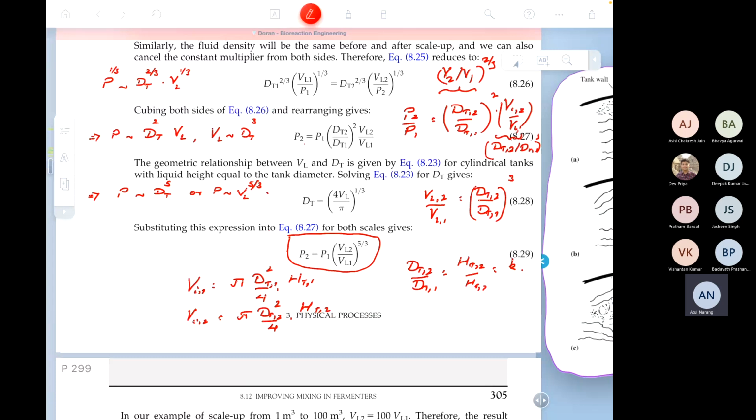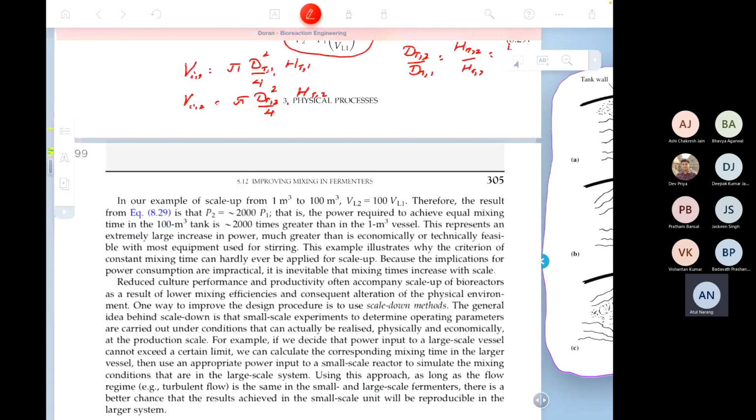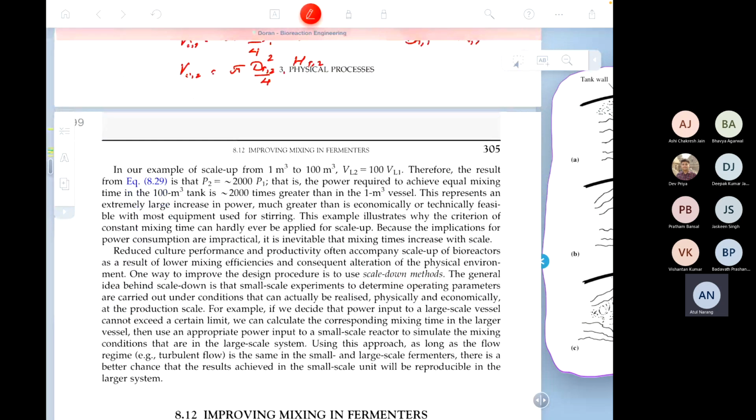This is quite drastic. So here are some numbers. Supposing you scale up the reactor from 1 cubic meter to 100 cubic meters. So this is basically from 1000 liters to 100,000 liters. So a 100-fold increase in the volume.